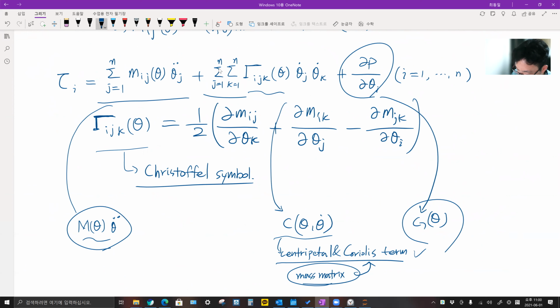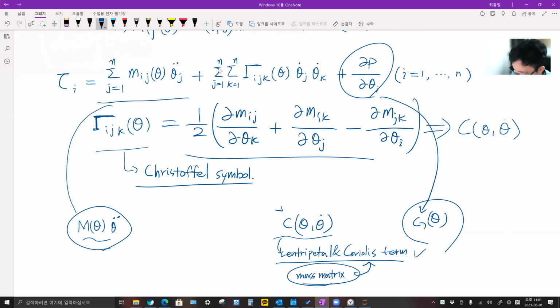Actually, the C term can also be obtained from this calculation. This one is the Christoffel symbol. It seems a little bit complex, but that's not that difficult. So there is i, j, k. If you take this kind of partial derivative calculation and 1/2, then you can calculate C(theta, theta dot).